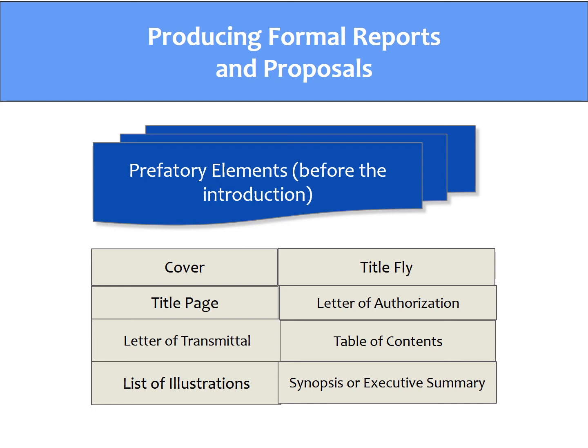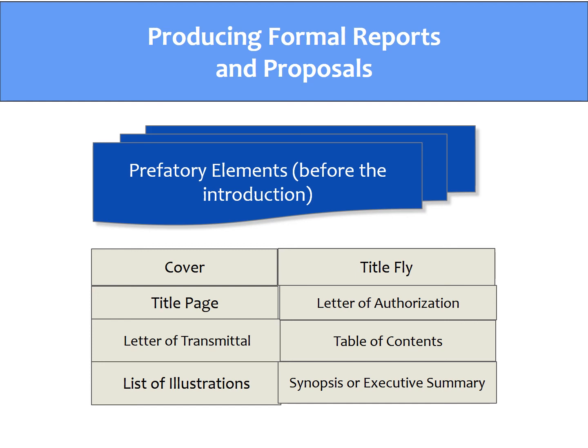The next one is the title fly. This is a plain sheet of paper that has only the title of the report on it. Although this is certainly not necessary, some reports do have this one specific page that only has the title on it. It's called the title fly.